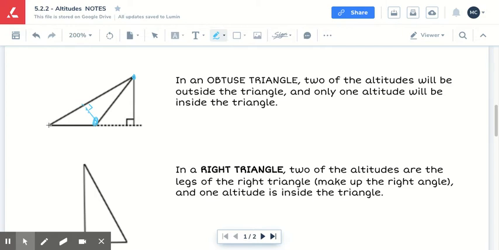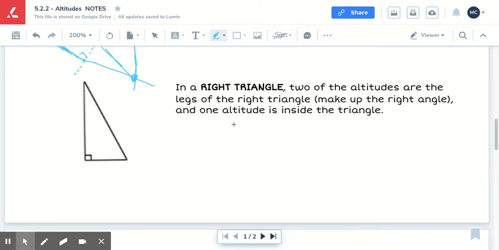And then the third one would be from this angle, and it has to go over to this side and be perpendicular to it. So for this one, I would have to extend this side also in order to draw in that altitude. Now the point of concurrency for all of these is actually going to be way, way outside this triangle. I would have to extend all of these so that they would meet, and that would be my orthocenter.